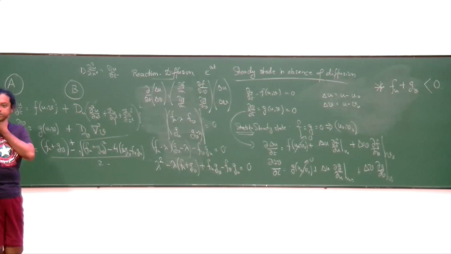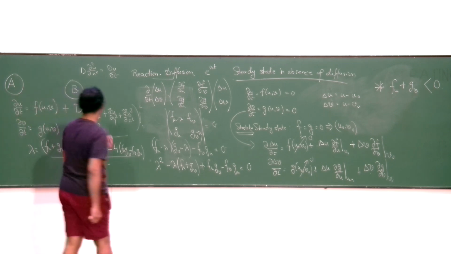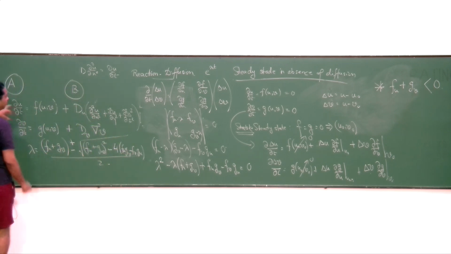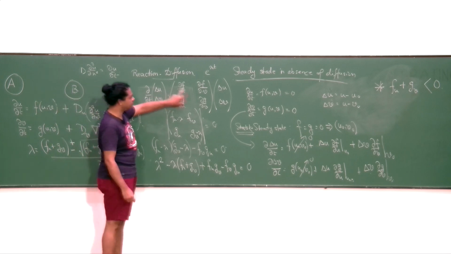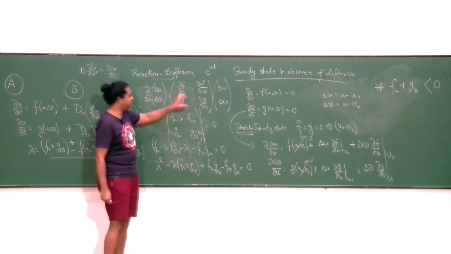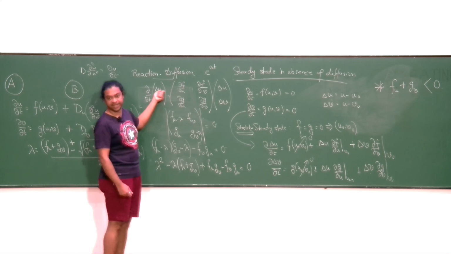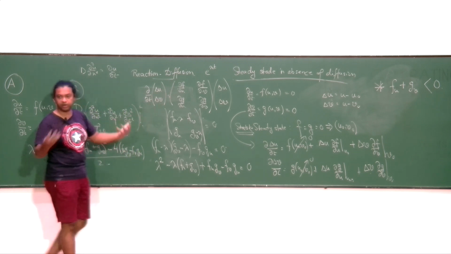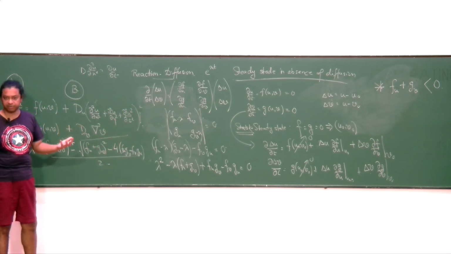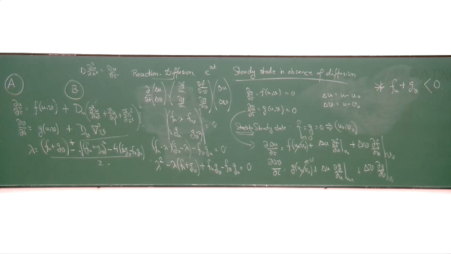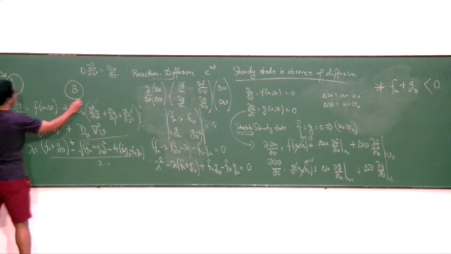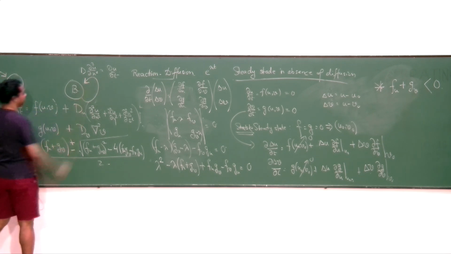That immediately rules out certain types of interactions as far as Turing patterns go, right? Remember what is fu, del f, del u, what is gv, del g, del v. So fu measures the change in f when you're changing u itself, right? So it's the auto-regulatory part of the chemical reaction. What that means is that, for example, you cannot have a network, as far as Turing patterns go, where A upregulates itself and B upregulates itself.